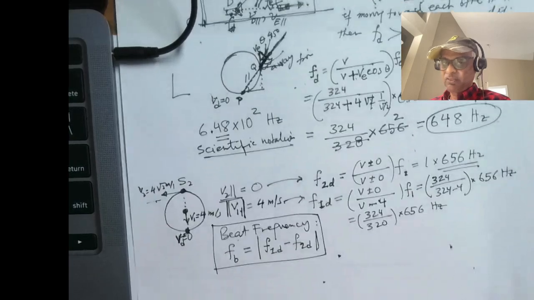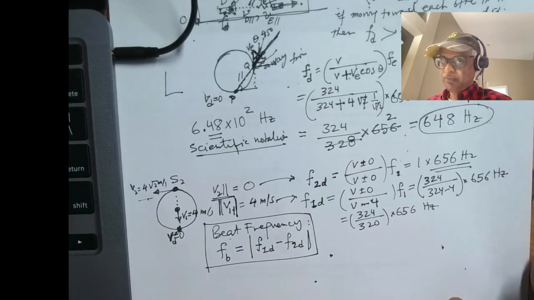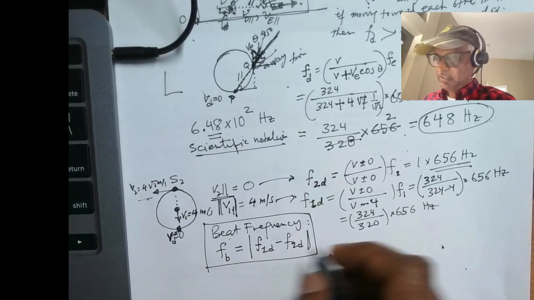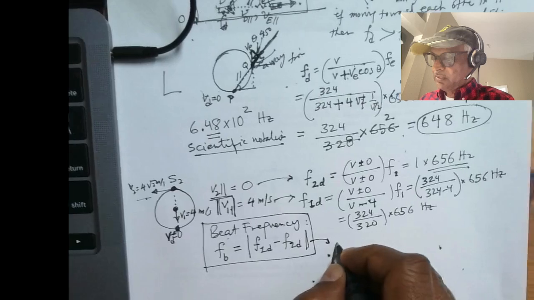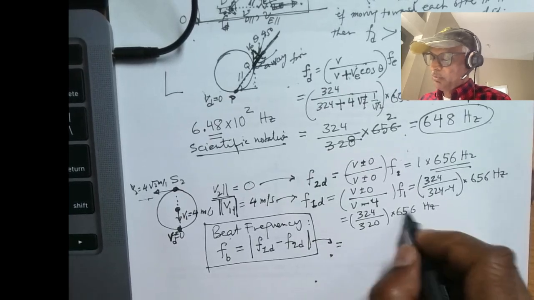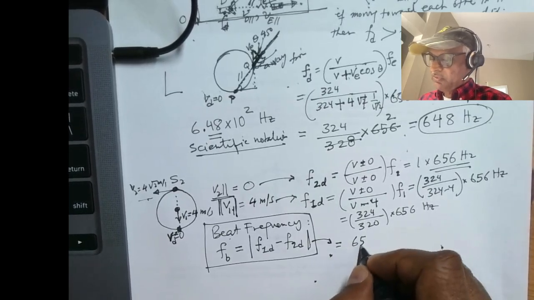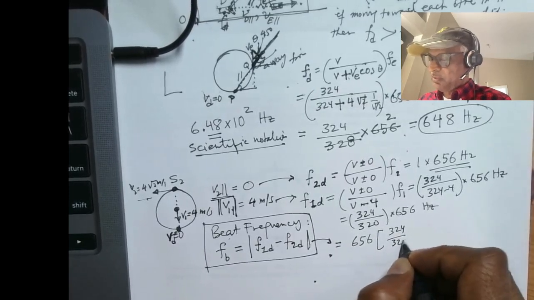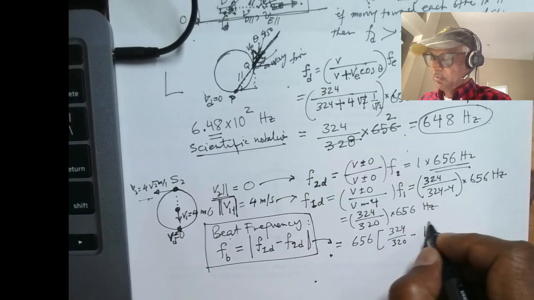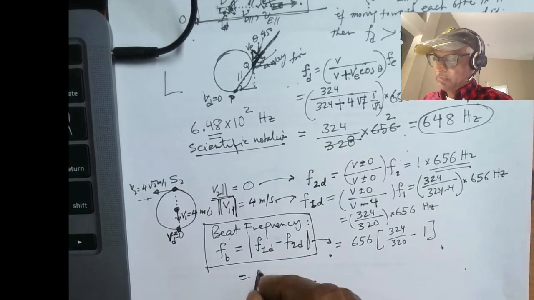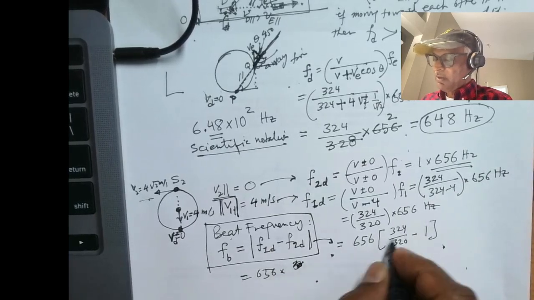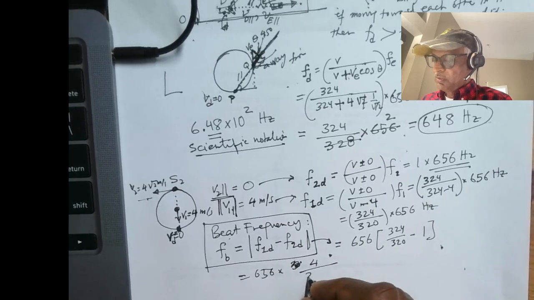There's a derivation you can see in all textbooks on this subject. So this just gives me, this will be bigger, so 656 times 324 over 320 minus 1, and that's just 656 times 4 over 320.